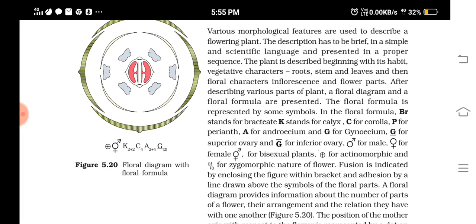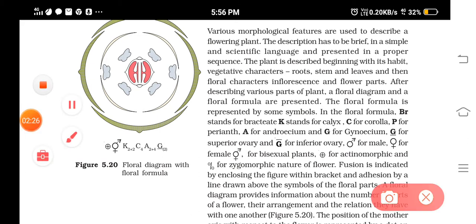For example, BR stands for bracteate. Do you remember what is bracteate? Bracts are leaf-like structures at the base of the pedicel. The pedicel is the stalk of the flower.